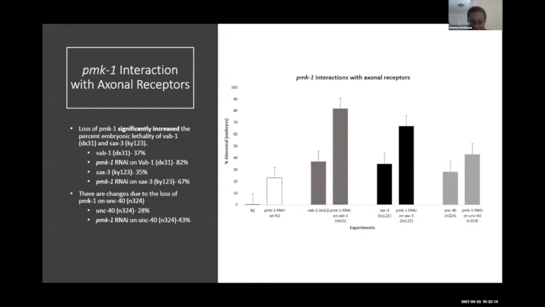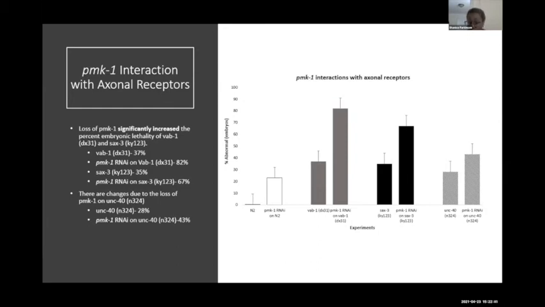In C. elegans, N2 represents the wild type, and here we have 0% death. When we introduced the PMK1 RNAi on N2, we found there was over 20% death of the embryos.